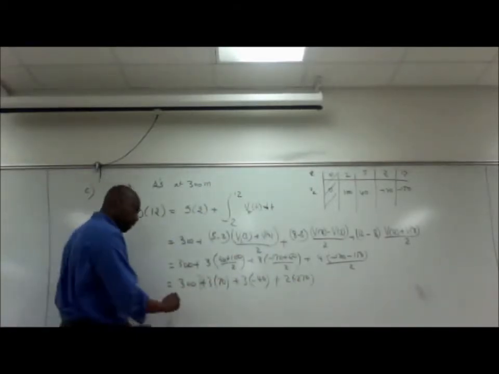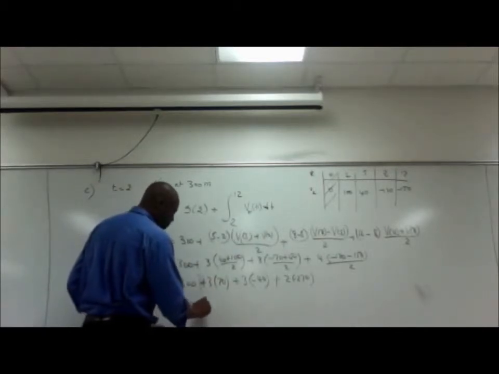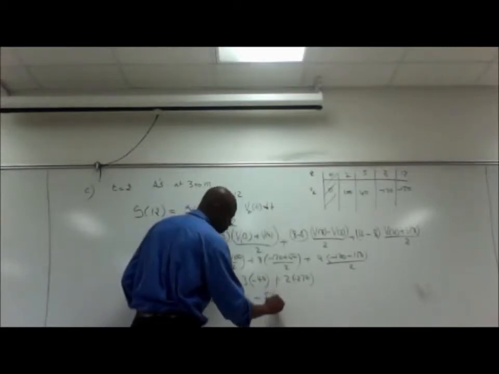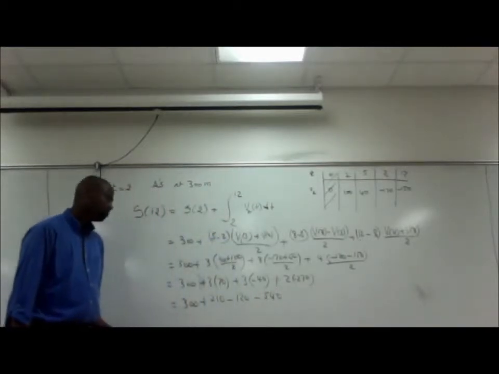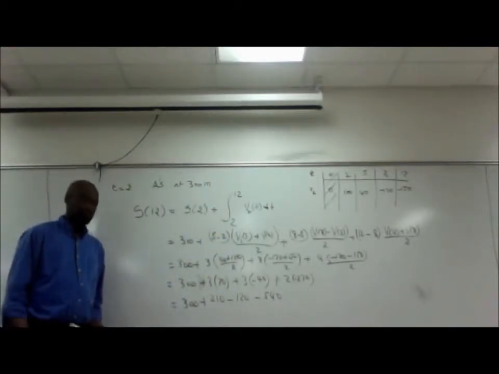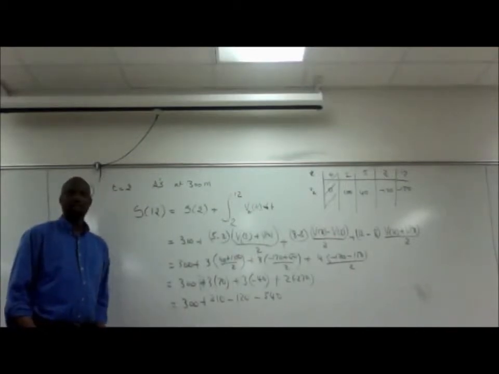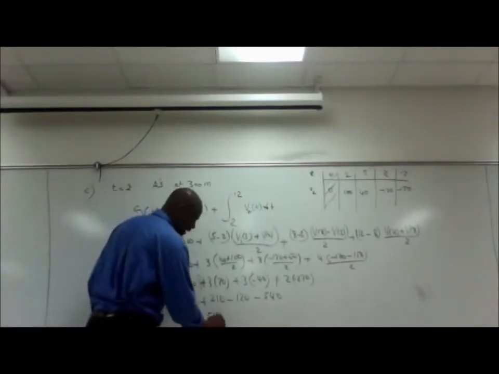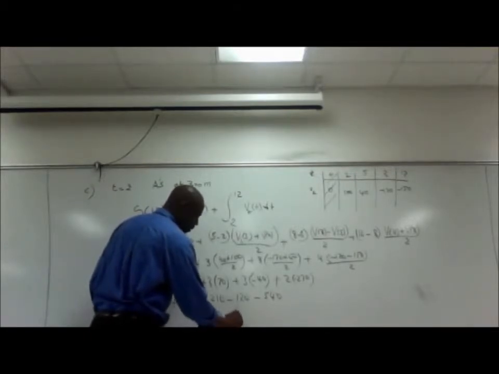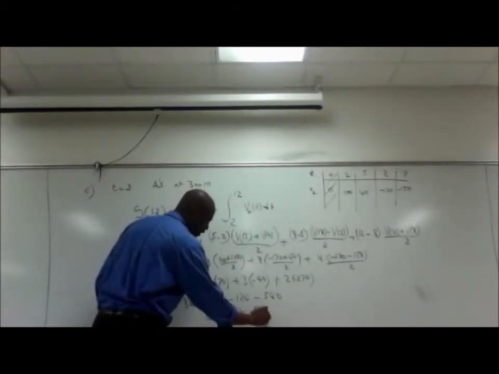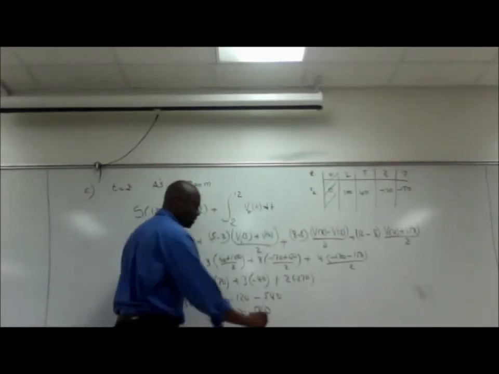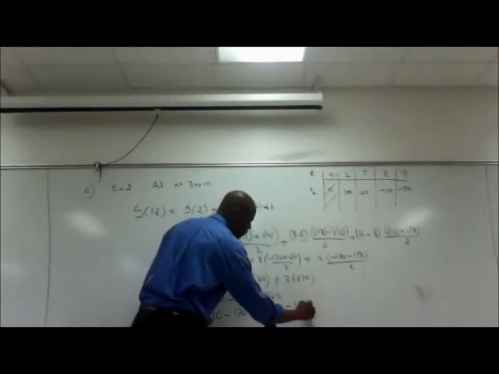So it's 300 plus 210 minus 120 minus 540. 300 plus 210 is 510. 510 minus 540 is negative 30, and negative 30 minus 120 is negative 150.